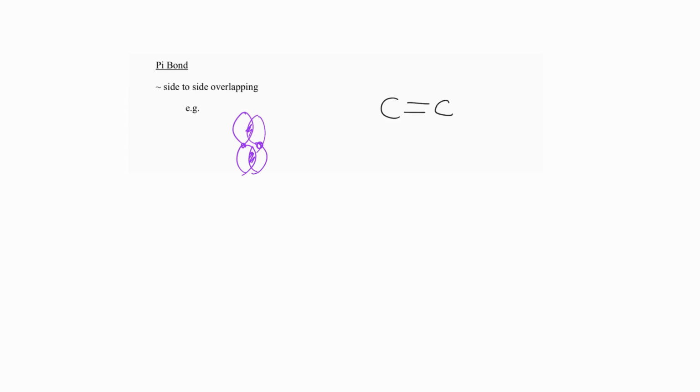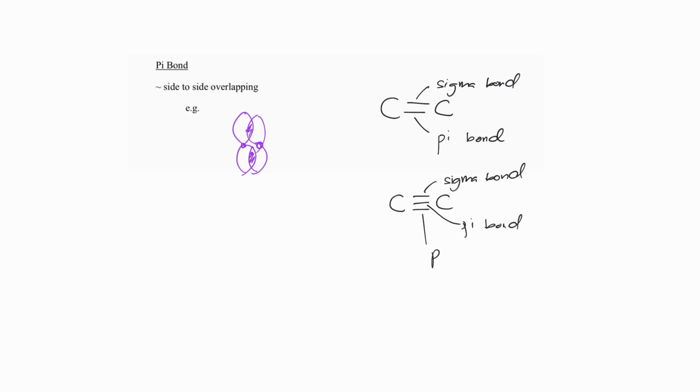For example, for the double bond in alkene, the first bond here will be a sigma bond, and the second bond here will be a pi bond. We could also have pi bond in a triple bond. For example, we have a triple bond in alkyne, where the first bond will be a sigma bond, and the second bond will be a pi bond, and the third bond will be a pi bond as well.